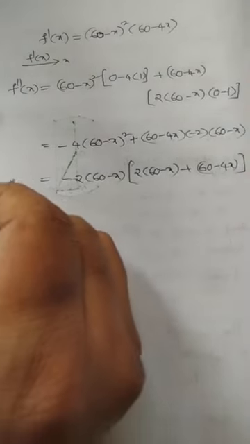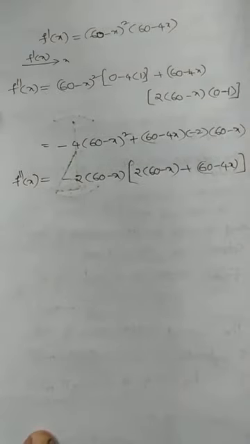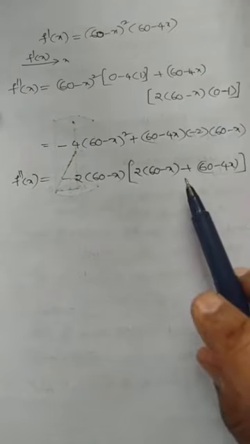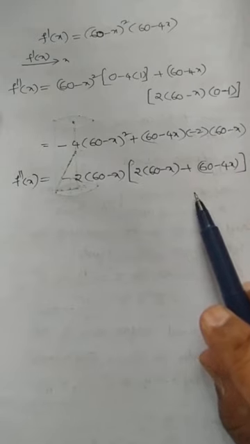So this is our f double dash of x. At the stationary values we have to check it. Our function f of x, that is xy cube, must be maximum. So at which stationary value this f double dash of x must be less than 0, we have to choose that stationary value.